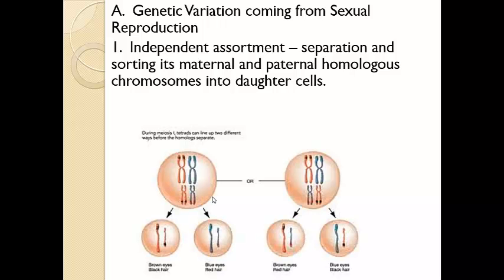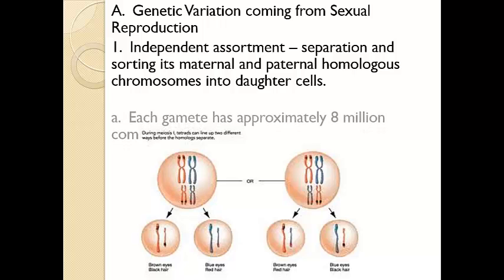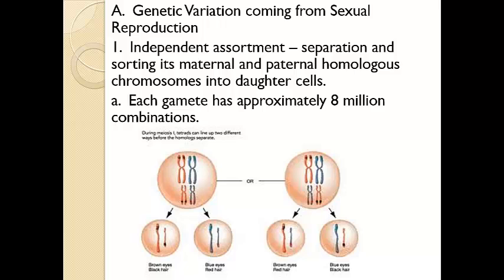And independent assortment, again, remember we had this picture earlier, it's just a matter of the way they line up as to how they're going to get broken into the 2 cells. But each gamete has approximately 8 million different combinations. So 8 million different egg possibilities, 8 million different sperm possibilities. That's a lot of variety there.